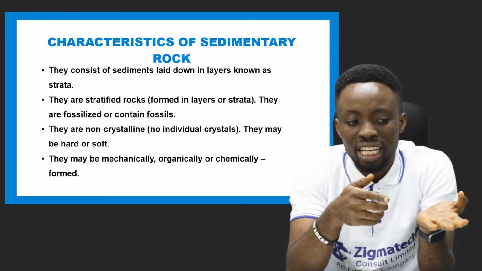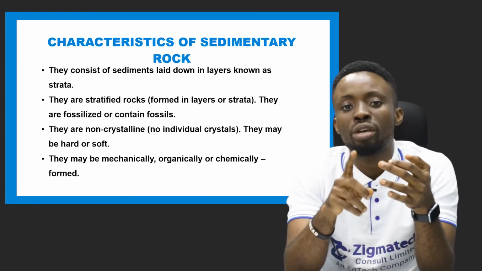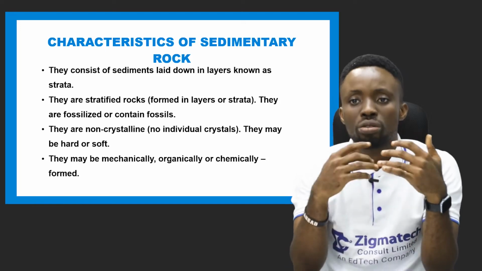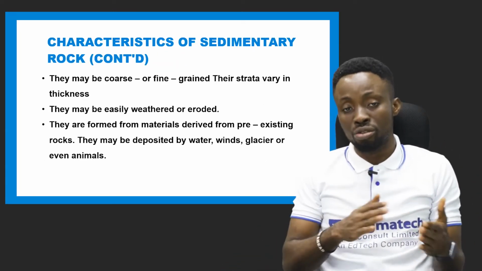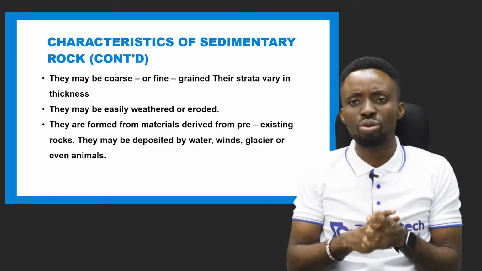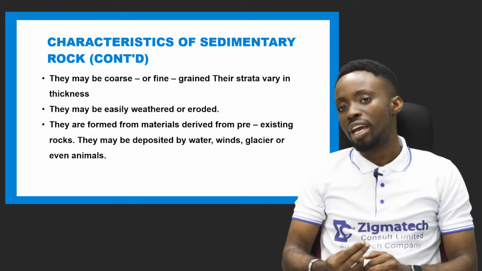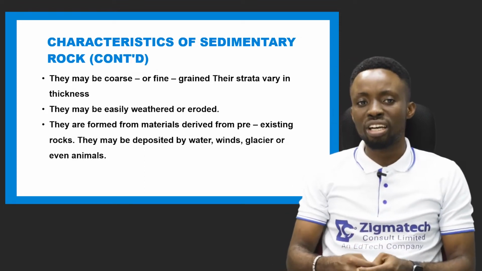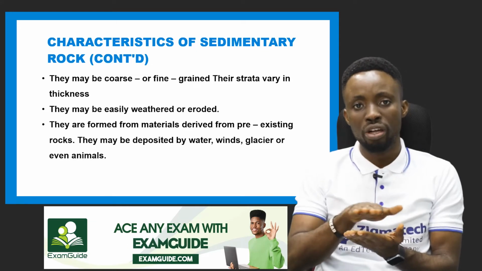They can either be made mechanically, organically, or chemically. So these three processes give rise to the formation of a sedimentary rock. Also, a sedimentary rock may be coarse in nature, or fine-grained, and their strata vary in terms of thickness.